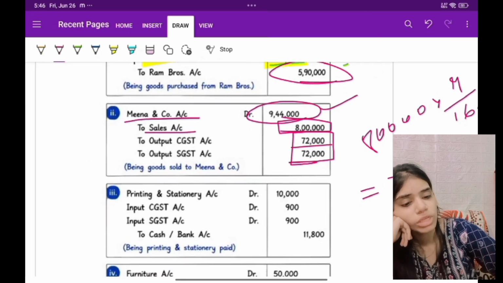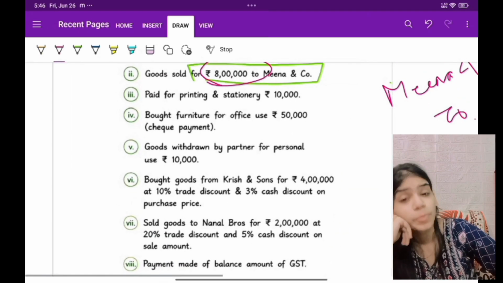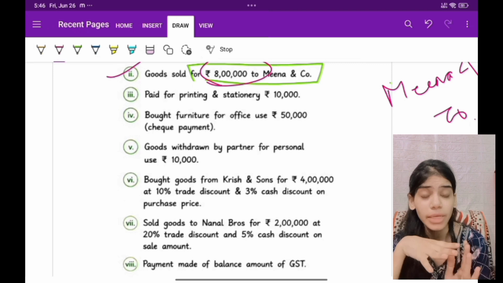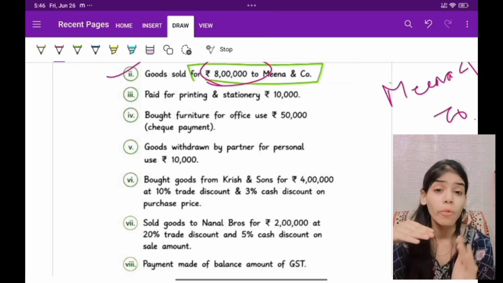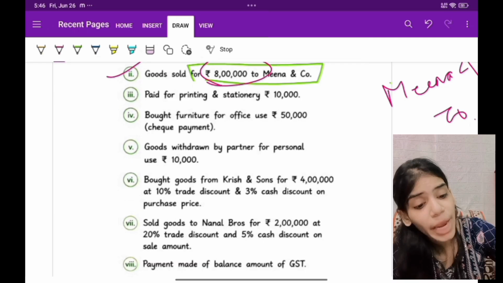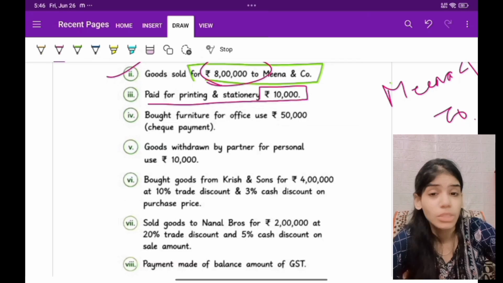Now let's move further to the third journal entry. I have already told you that GST is a supply based tax and GST will always be attracted when goods are supplied. Now the third entry is paid for printing and stationery. So here we are purchasing some stationery items.